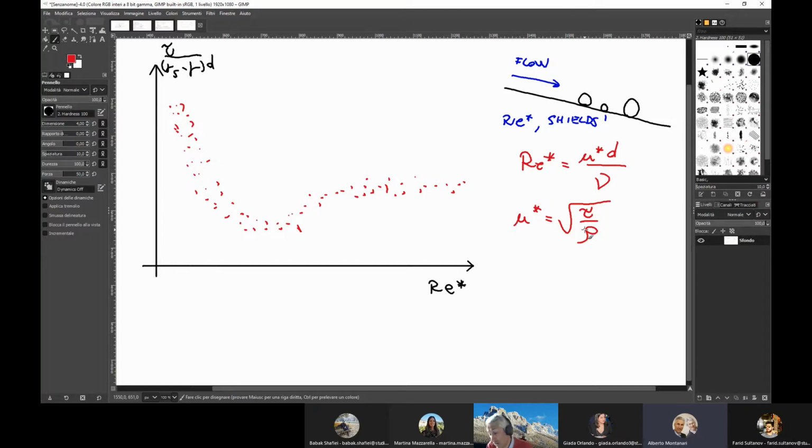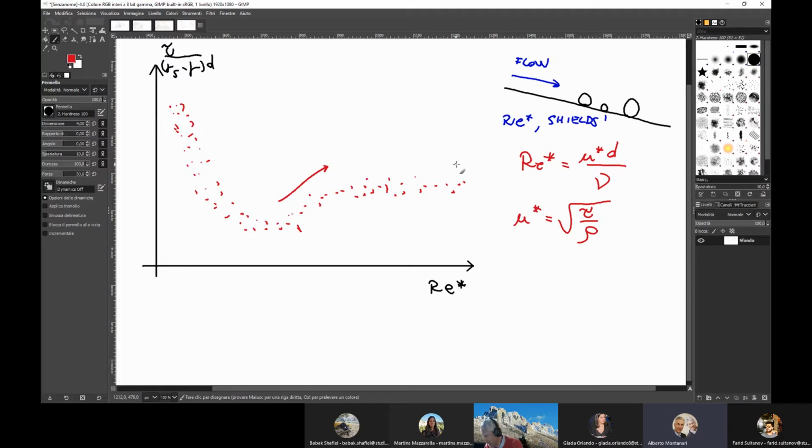And this is why he found that there was an increase of the Shields number for low velocity. And then for increasing velocity, he found a minimum. And then, strangely enough, you see here, an increase of the Shields number for increasing turbulence.